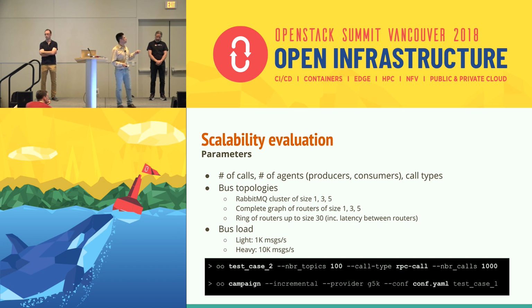The bus topologies, because we test RabbitMQ and QPid Dispatch individually, and we also construct clusters of 3 and 5 brokers for RabbitMQ, and in a similar way, a complete graph of routers of 3 and 5 elements. Additionally, we also test a ring of routers up to 30 routers, including latency between routers.